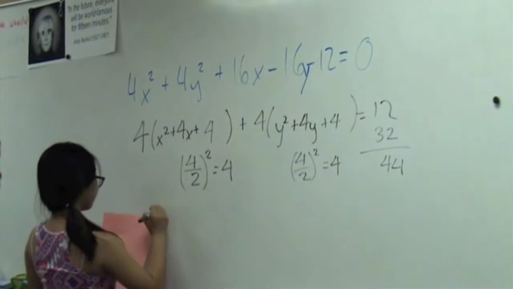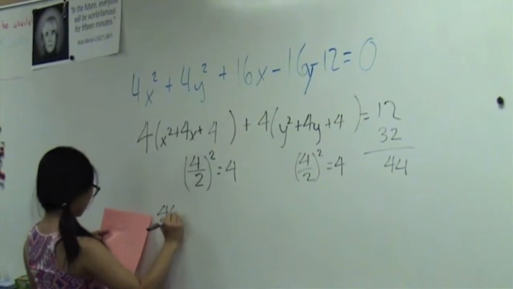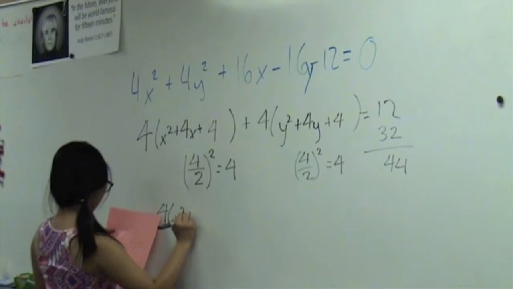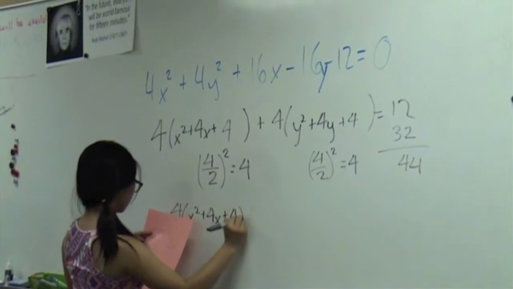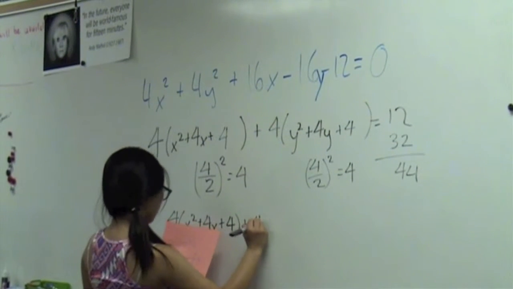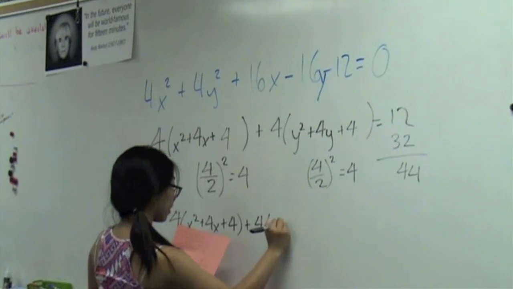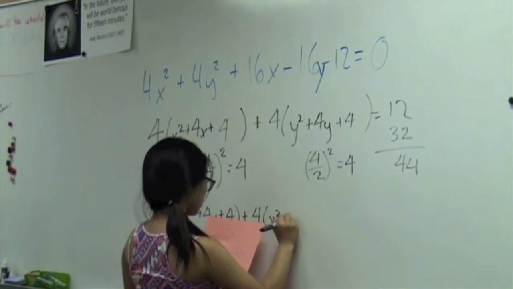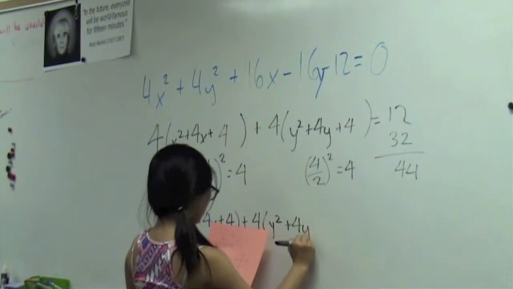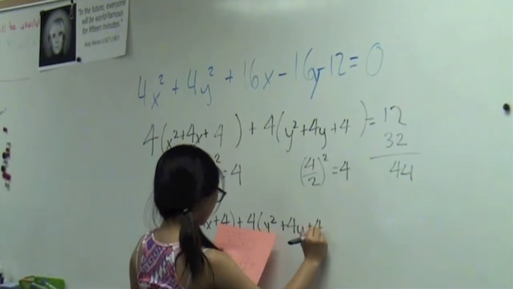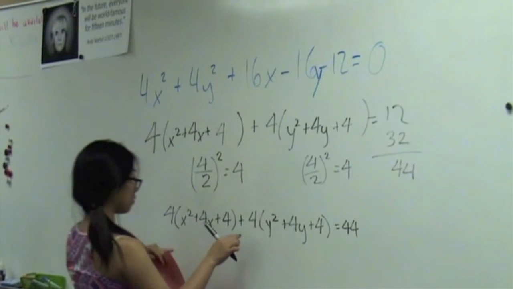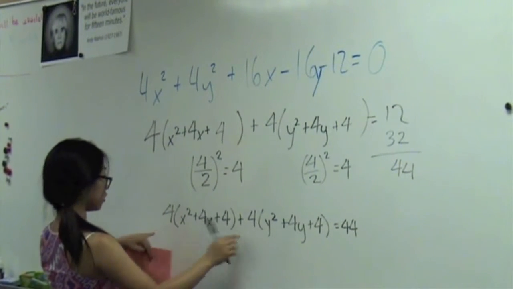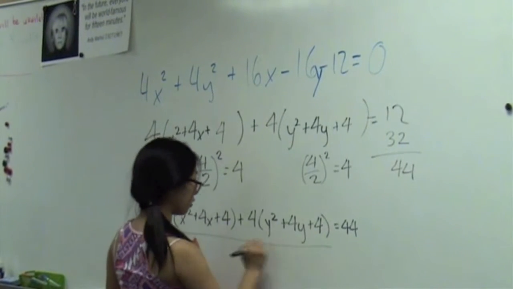And then it'll be 4x squared plus 4x plus 4 plus 4y squared plus 4y plus 4 equals 44. But to get rid of these 4s, you're going to divide it all by 4 on both sides.